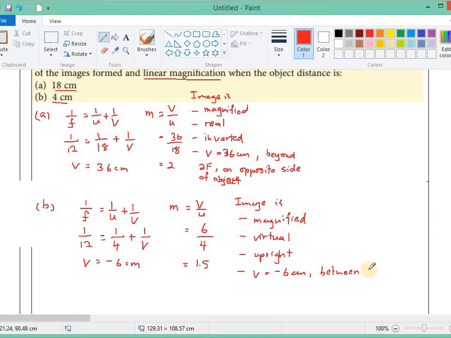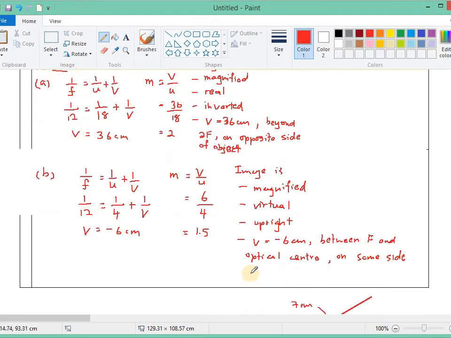Yeah, between F and optical center, on the same side. Okay, same side as object.